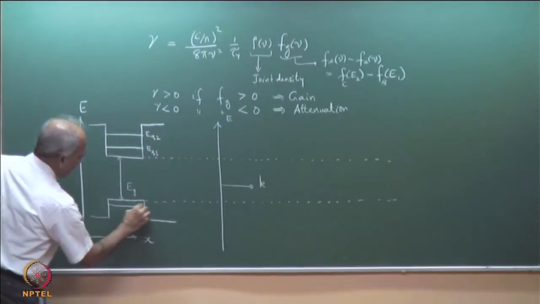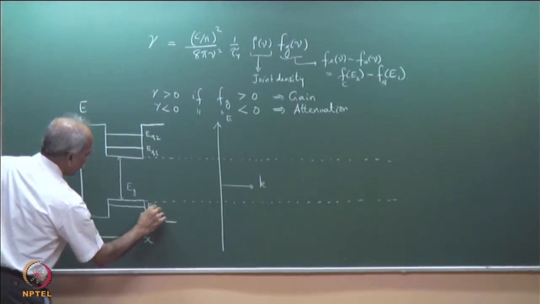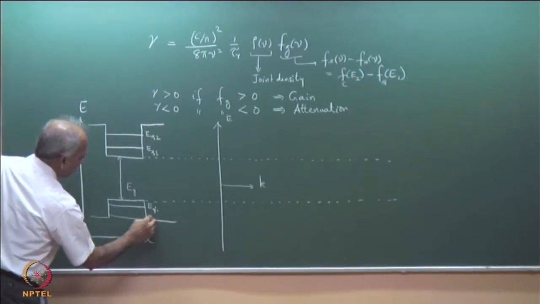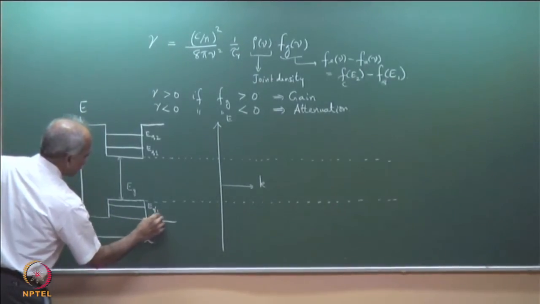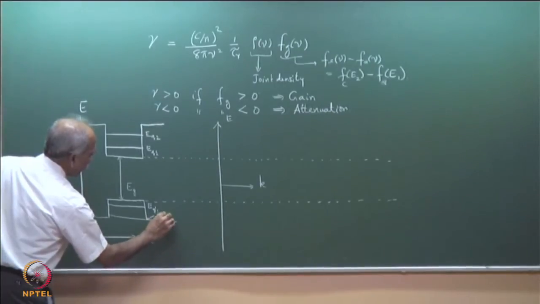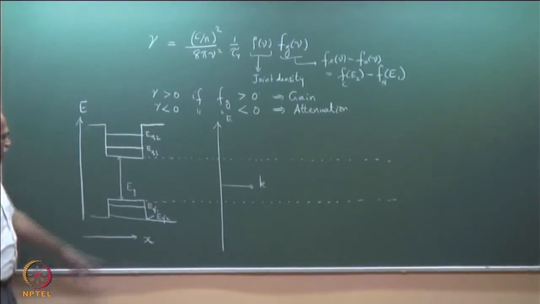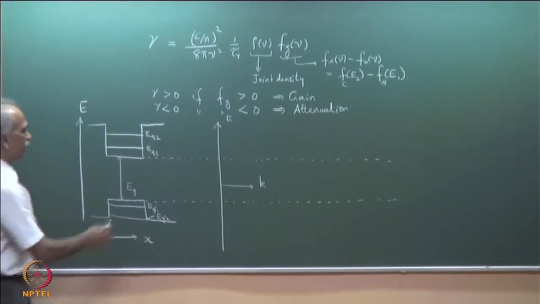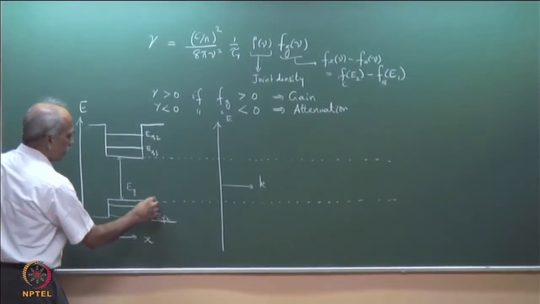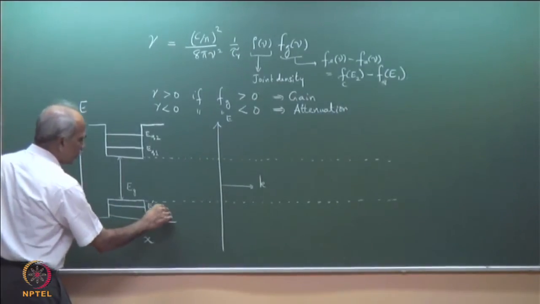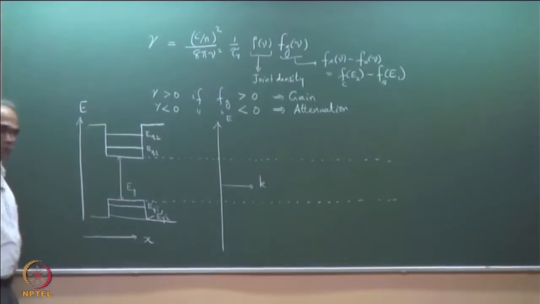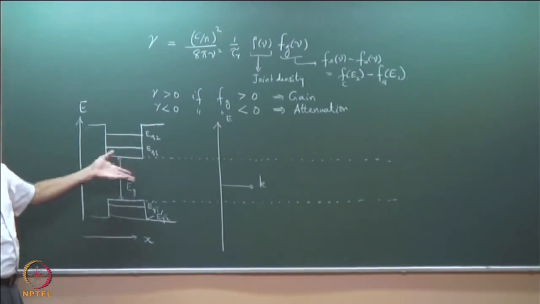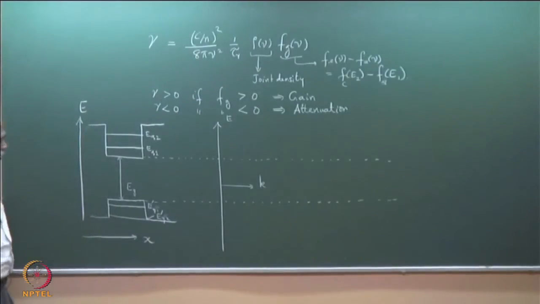Similarly, for the holes, we have states E dash Q1 and E dash Q2. The dash is to distinguish the holes, with Q equal to 1 and Q equal to 2. I have taken a quantum well which supports 2 states.